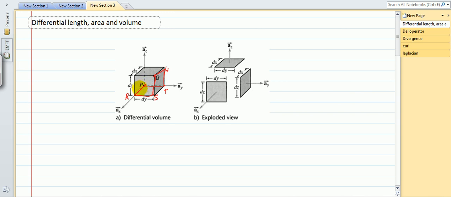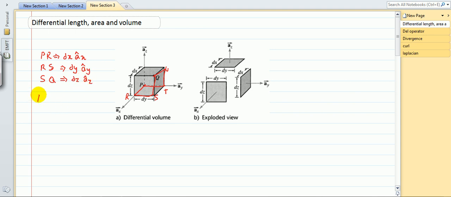If I am moving from P to R, this distance will be dx, and I'm moving in the x direction, so this will be dx ax cap. If I'm moving from R to S, then RS can be written as dy ay cap, since I'm moving in the y direction. And then moving from S to Q, SQ will be dz az cap.